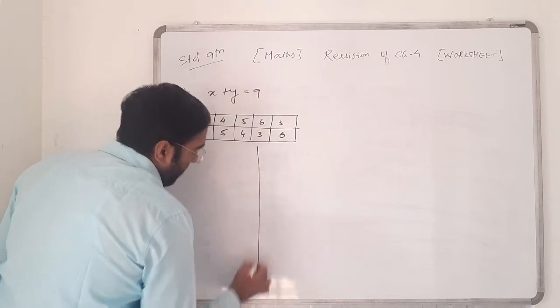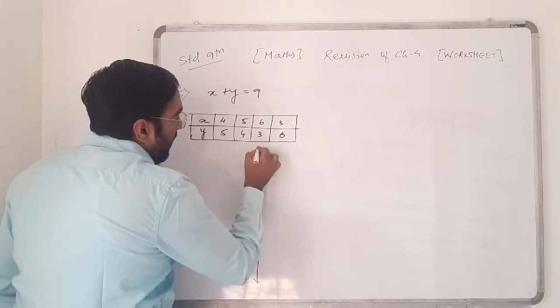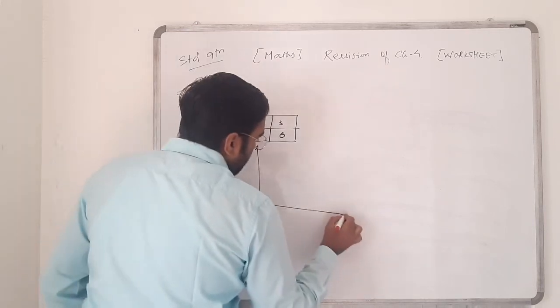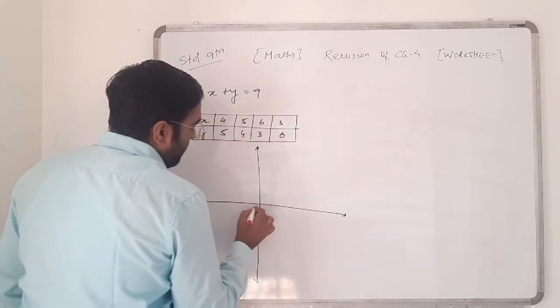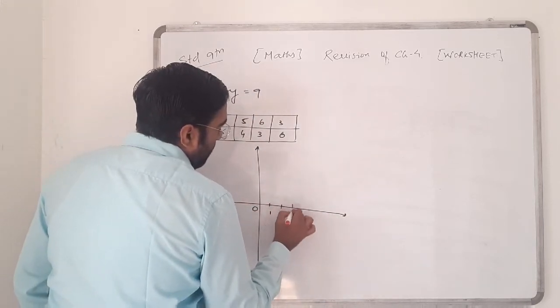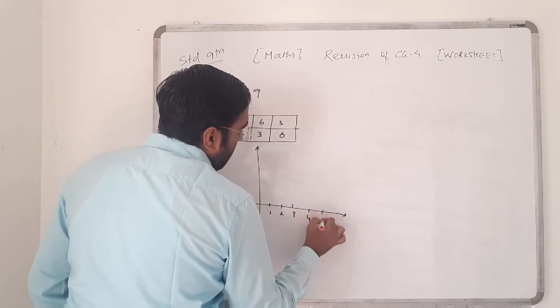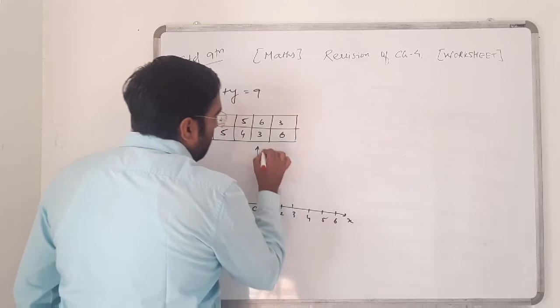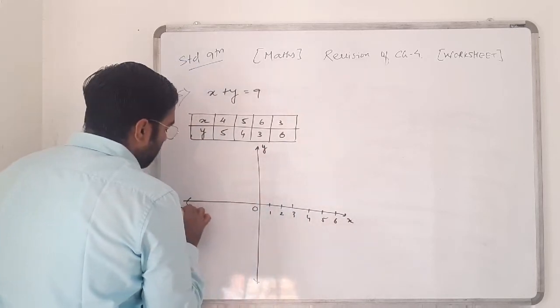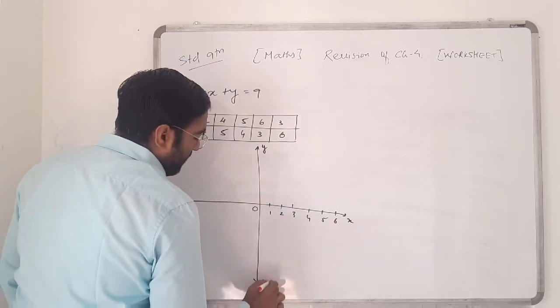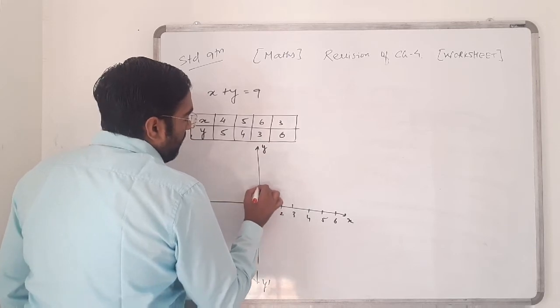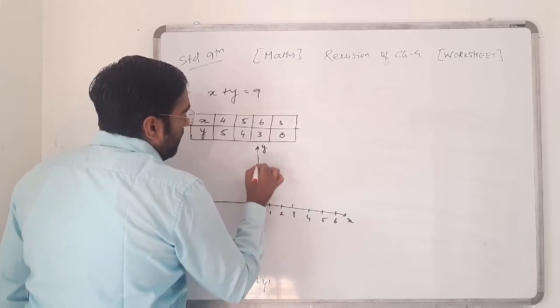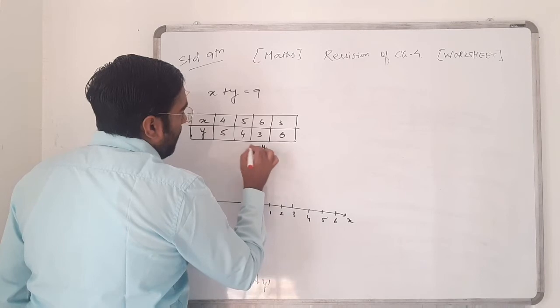So now I'll draw the graph of that. 1, 2, 3, 4, 5, 6. This is the x axis, this is the y axis, this is x prime and this is y prime. 1, 2, 3, 4, 5.